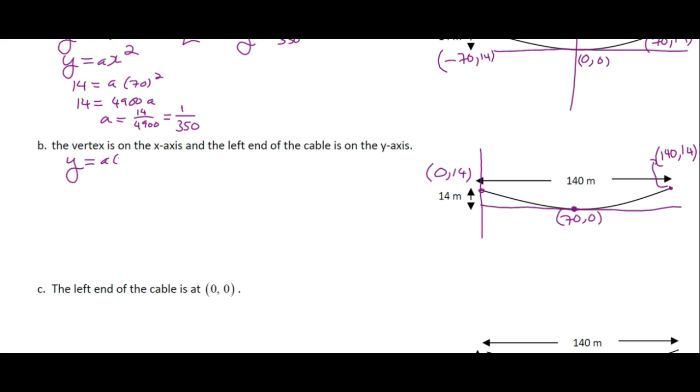Okay, y equals a, x minus p quantity squared plus q. Y is equal to a. Where's the vertex? 70, 0, so x minus 70 squared plus q. Plug in an x, y, so 14 is equal to a, 0 minus 70 squared plus q is 0 plus 0. 14 is 4900a.